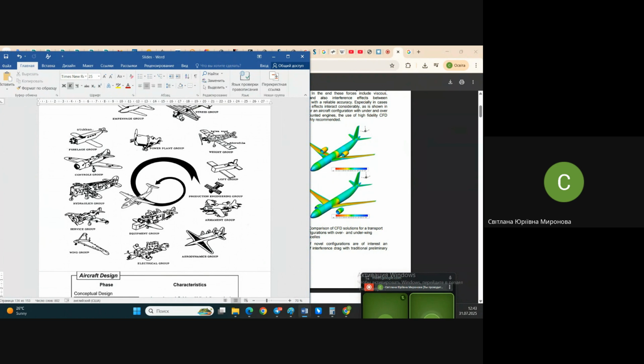Those who design the airplane work in tight collaboration with those who are keen on technologies and manufacturing matters. They go hand in hand in order to design an airplane that will really be realized in manufacturing.